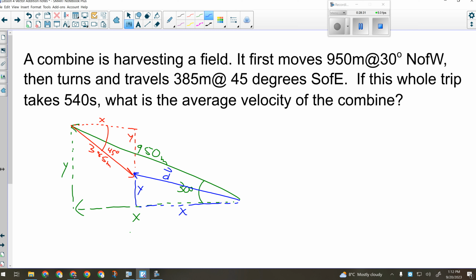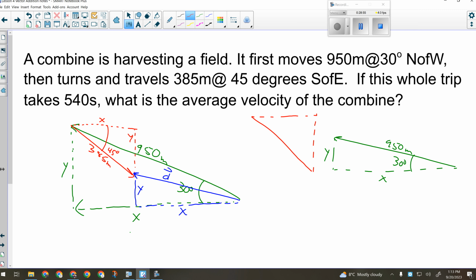If I'm drawing this as a separate triangle diagram, this is what I end up with. I don't put them together; I just draw them separately.